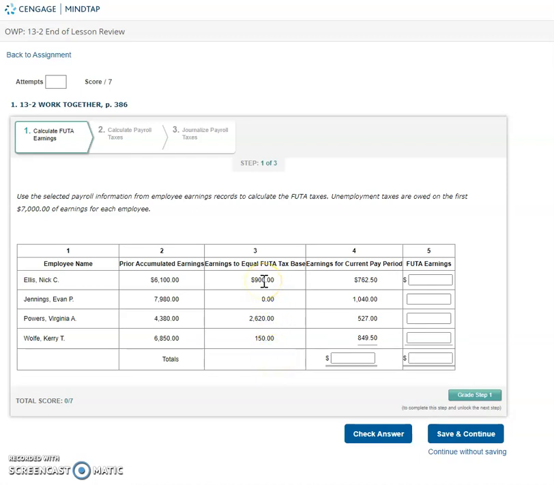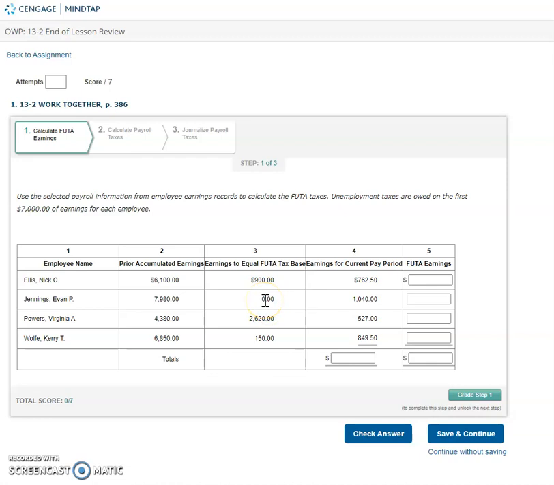The way that I remember this one is earnings to equal FUTA tax base. Remember, our FUTA tax base is going to be this $7,000. So that's what we're looking at here, earnings to equal that tax base. To get this number, we're always going to take 7,000 minus our prior accumulated earnings. So that's how they got 900 here.